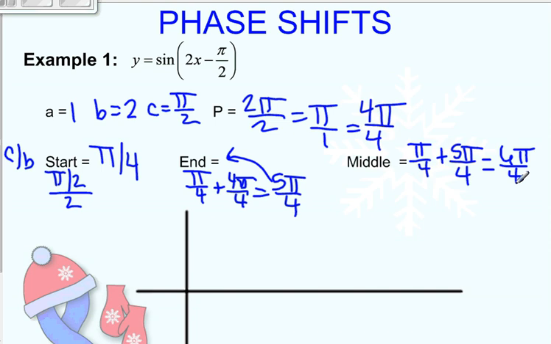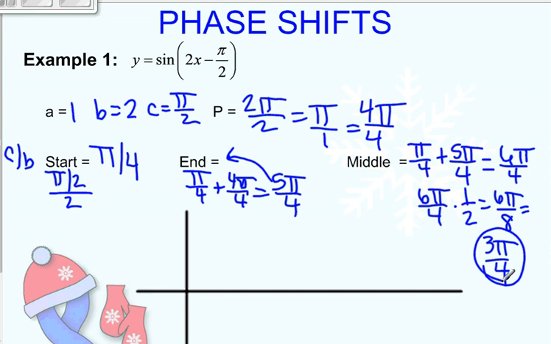Then we divide that whole thing by 2, which is really just multiplying by 1/2. We get 6 pi over 8, which we can simplify, right? They can both be divided by 2. So we get 3 pi over 4 as our middle. Okay, so we've got our end, our start, and our middle.